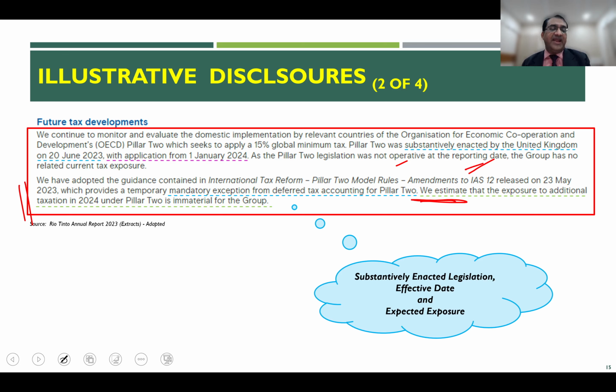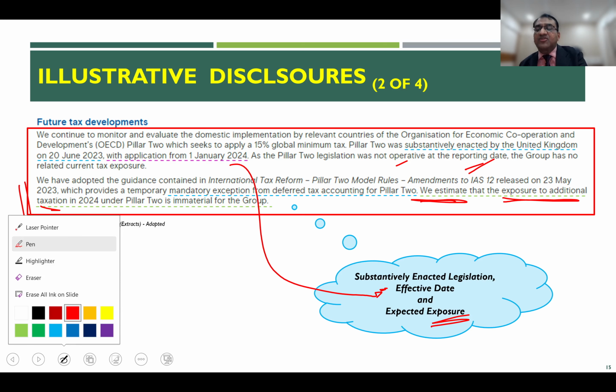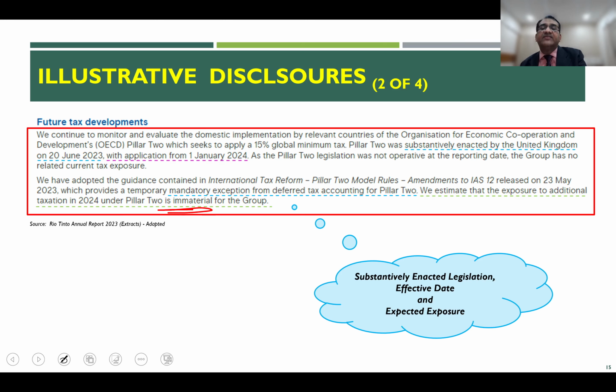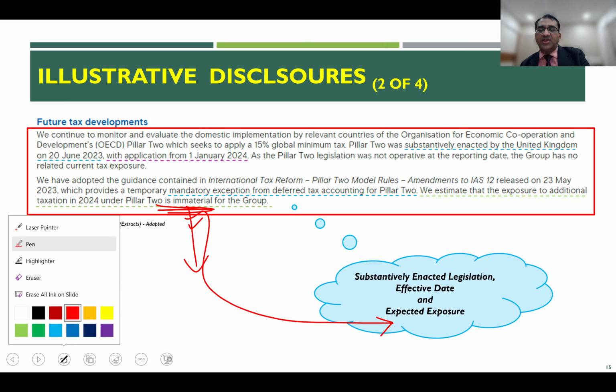We estimate, this is the exposure, that the exposure to additional taxation in 2024, when it becomes effective on 1st of January under the Pillar 2 rule in this group, we expect this is immaterial for the group. This estimation is also an expected exposure which you are disclosing. But if it is material or whatever the other quantification is, then you have to give that quantification. That's how the disclosure you have to give.